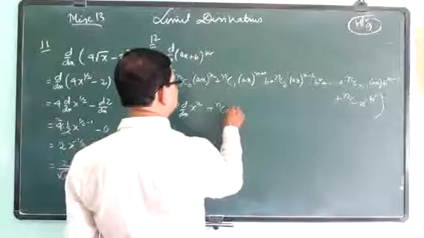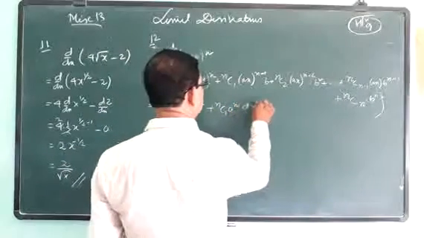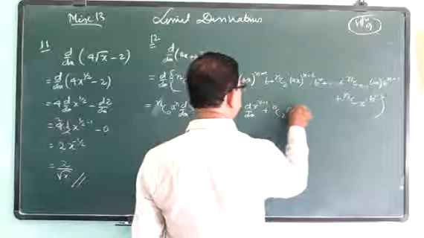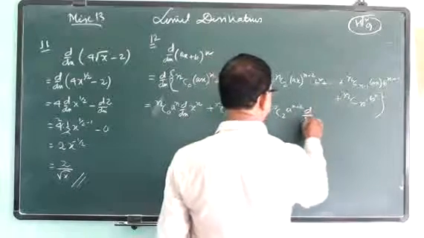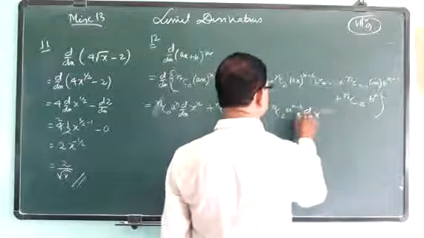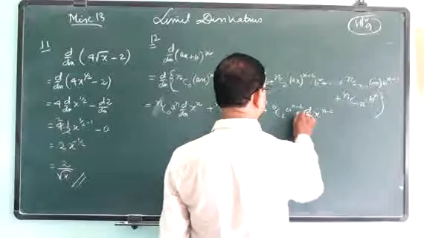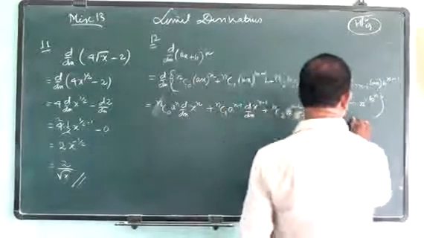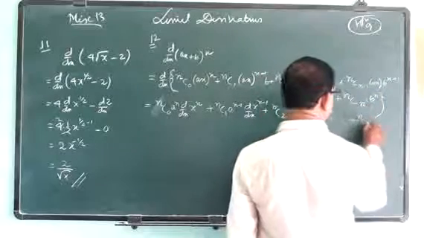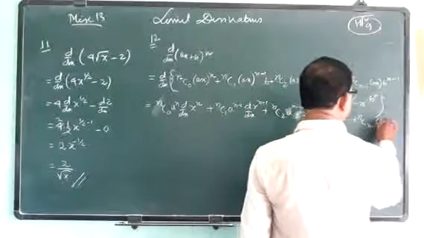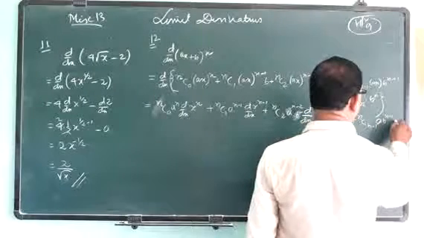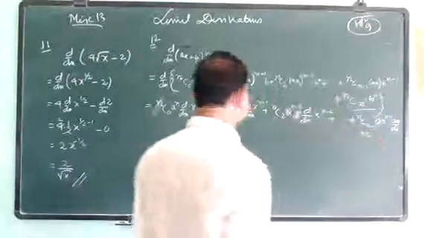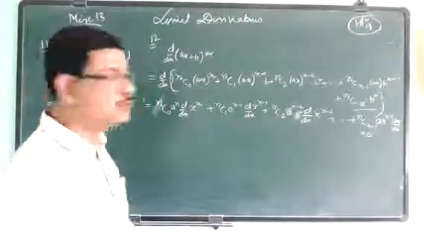Then nC1 a to the power n minus 1 d/dx of x to the power n minus 1, nC2 a to the power n minus 2 d/dx of x to the power n minus 2, with b square taken care of, because these are constants. Now the last term is nC(n minus 1) a b to the power n minus 1 d/dx of x, and this constant's differentiation is 0. So students, I have written it in this way.